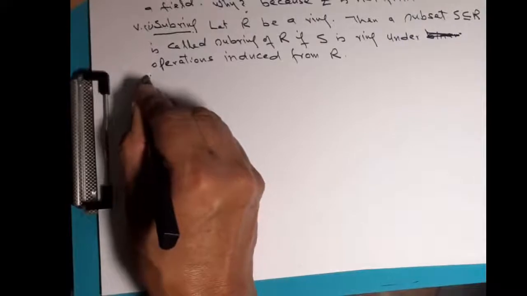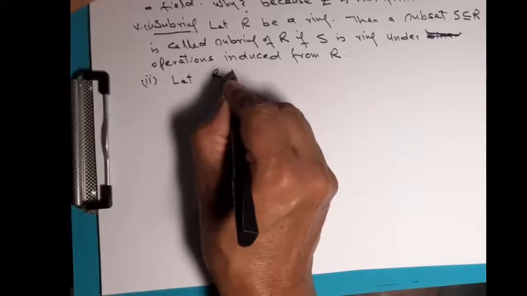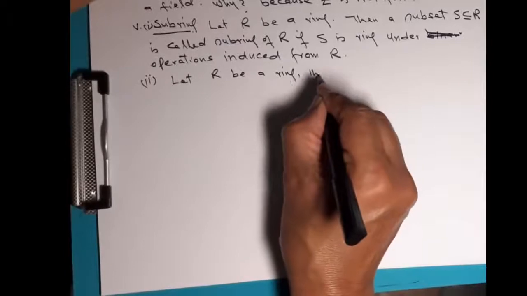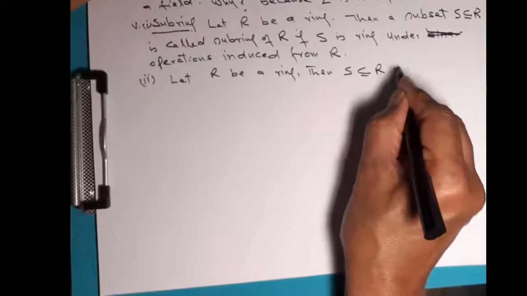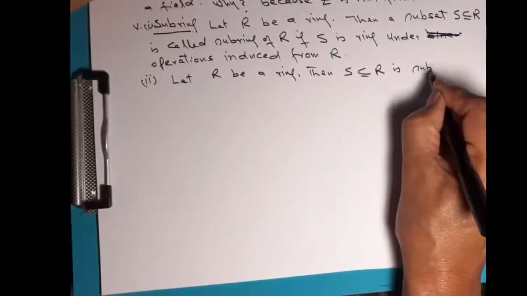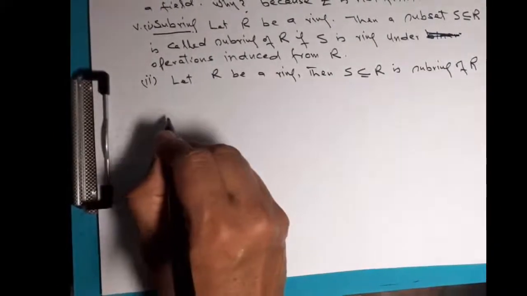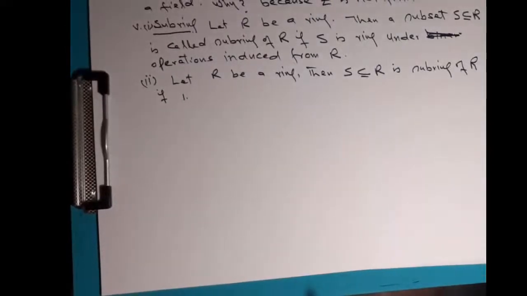What we mean is as follows. Let R be a ring. Then a subset S of R is a subring of R if the following conditions hold. First of all, S must be closed under addition and multiplication.